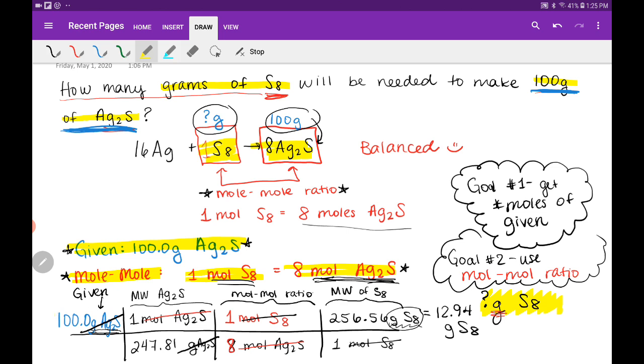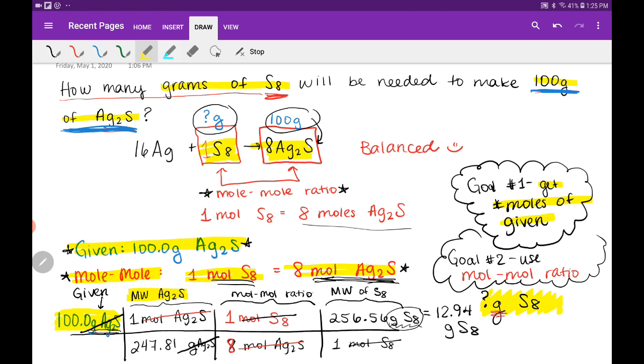The first thing we wrote down in our ladder was our given. We determined that because the given was in grams, we had to use our goal number 1. We had to get the number of moles of our given. And anytime you're given grams of something and you want moles of something, you have to use the molecular weight. So that's why we use that first in this particular formula.